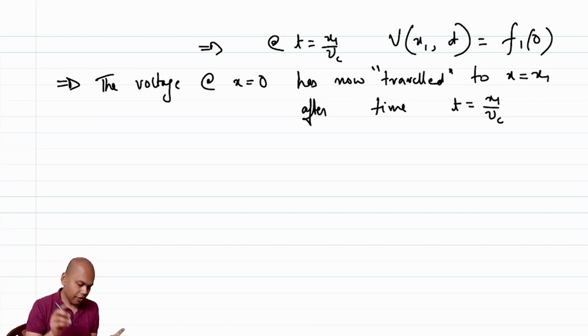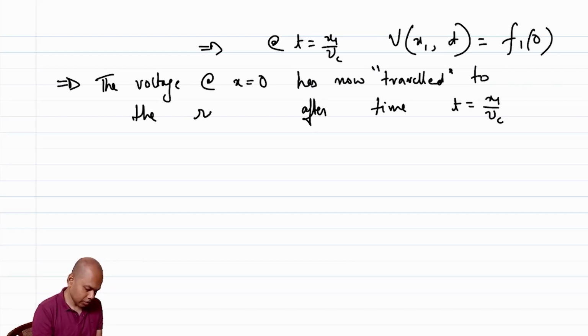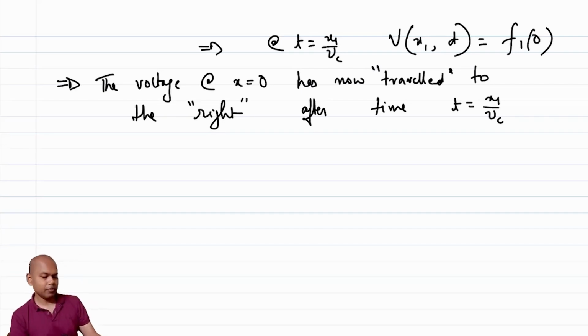And has traveled to the right after time t equal to x1 by vc, right?